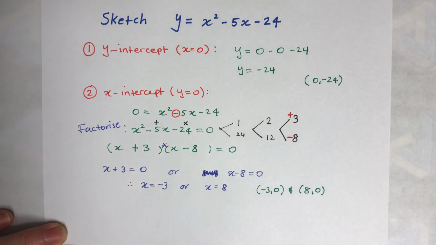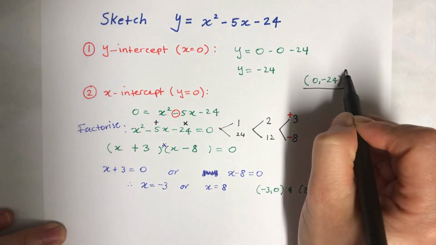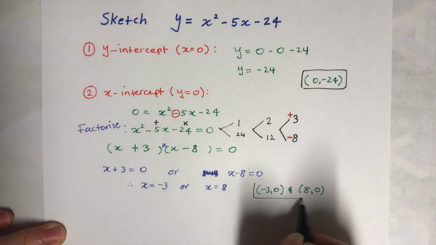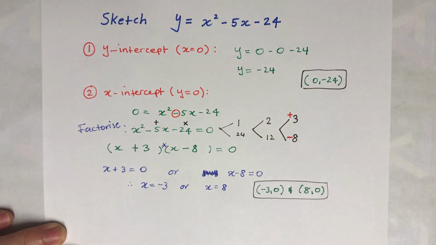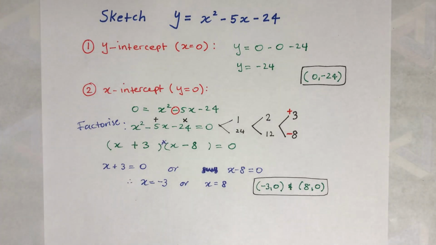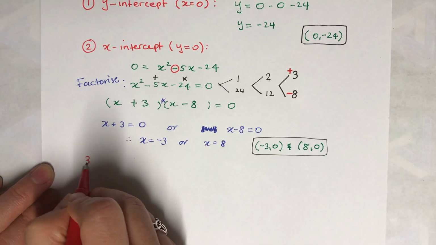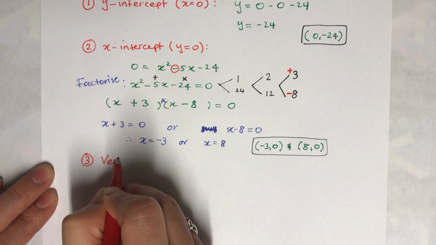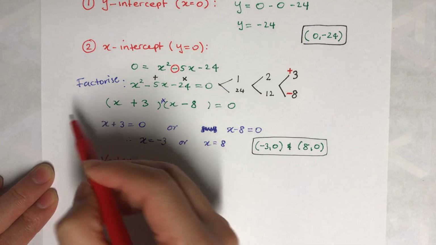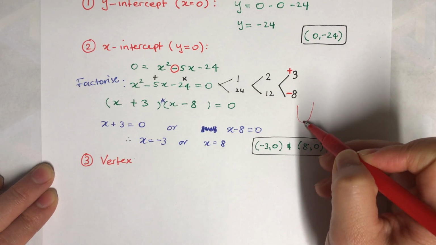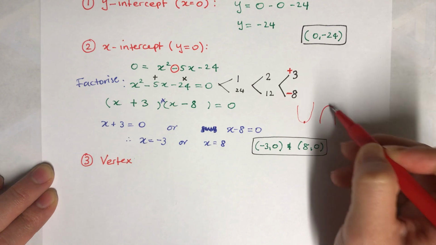So what do we have here, guys? I've got a point on the y-axis and two points on the x-axis. Now I need to think about the vertex. The vertex is, when the parabola is concave up, in the middle, right there.